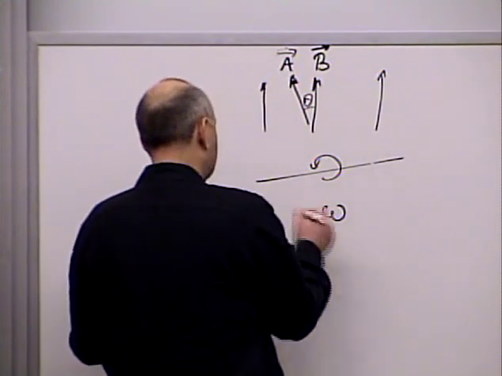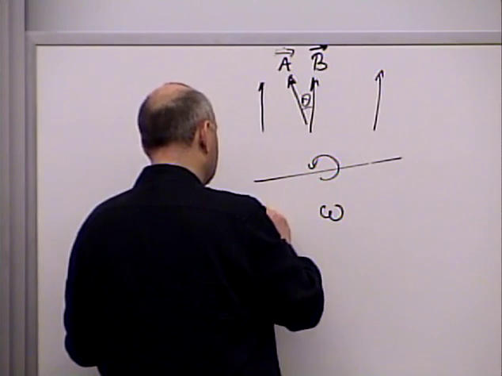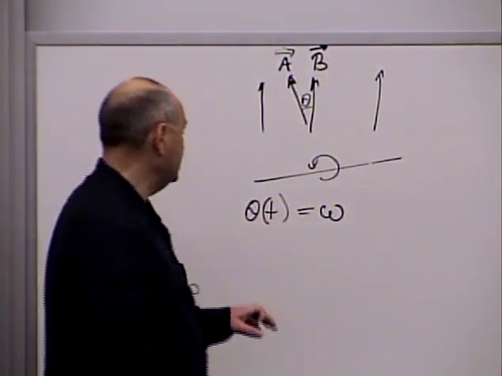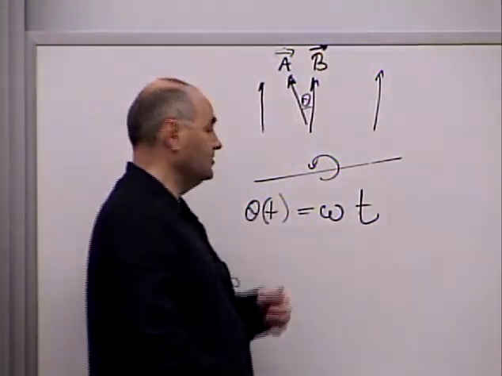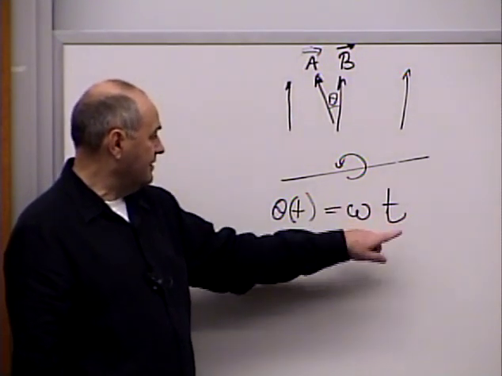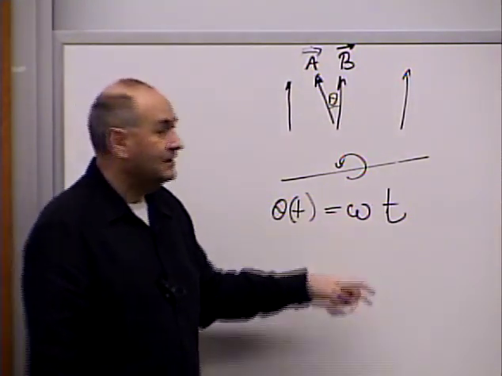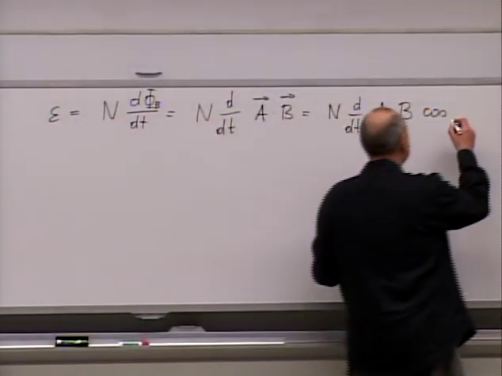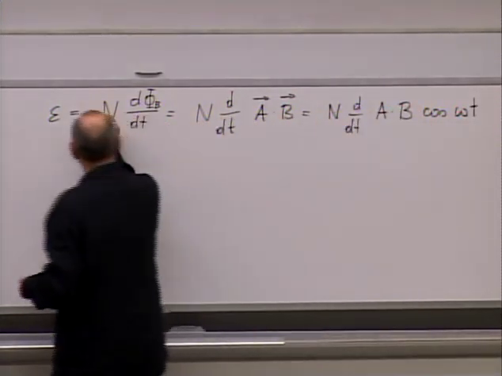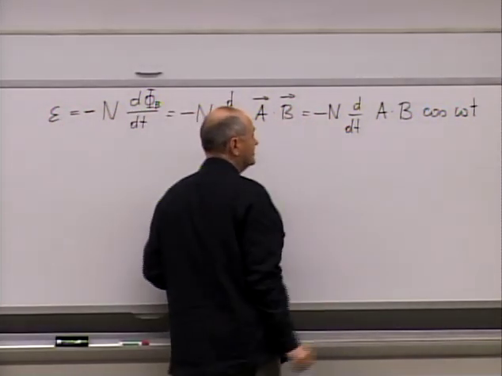If it rotates at a constant angular velocity, then if I choose the reference for time appropriately, that angle is proportional to t. At instant t equals 0, the angle is 0. So I can write it down that way. Actually, it will be even nicer if I put a minus over here like we have in Faraday's law of induction.